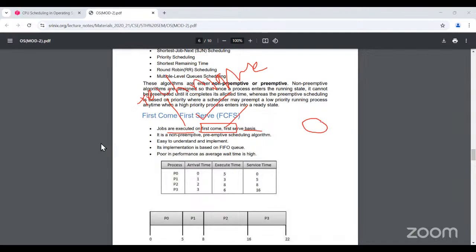PCB means process control block. So that process execution can be resumed from the same point at a later time.